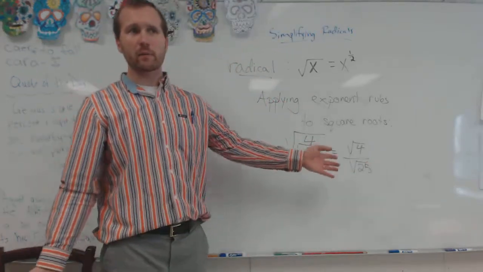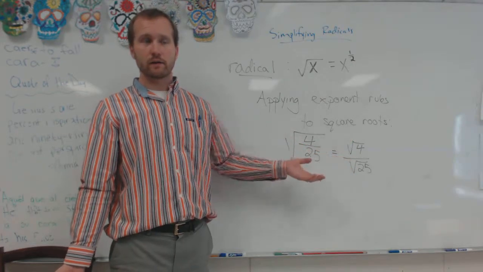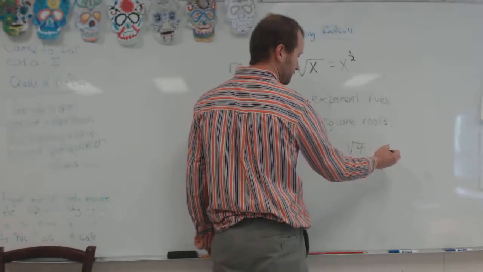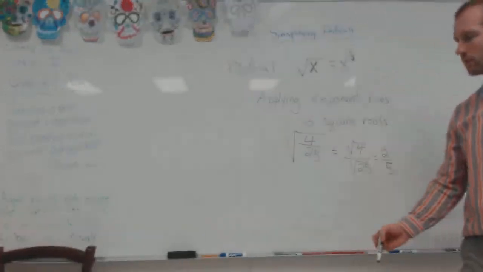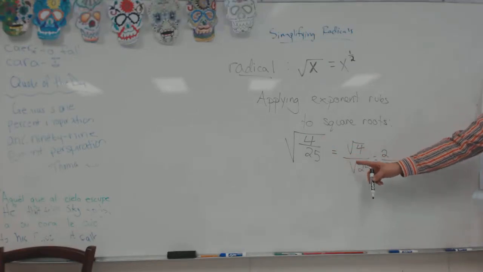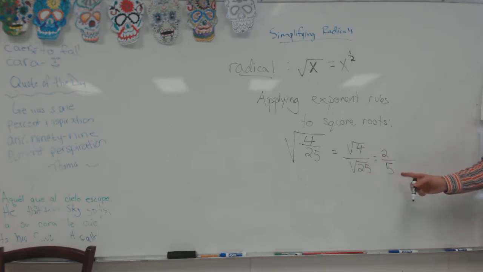So this is one way that we might use an exponent rule to simplify a radical expression. The square root of 4/25 is the square root of 4 over the square root of 25, which is 2 over 5. And for now, we're just going to leave all of our answers as positive numbers.